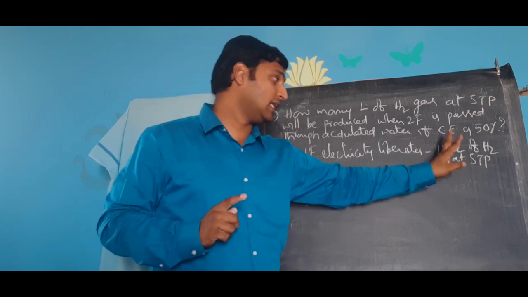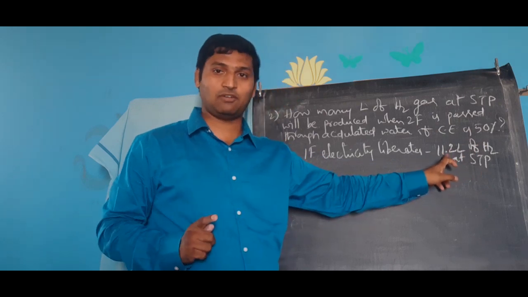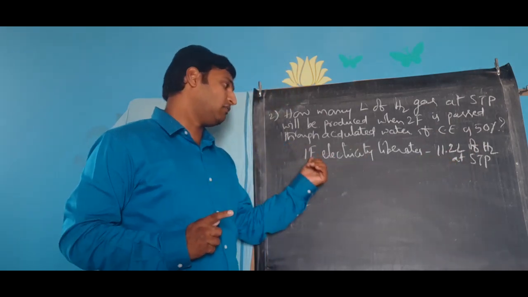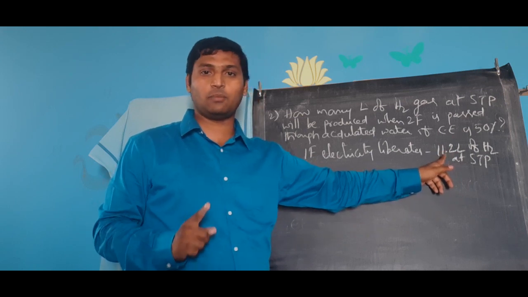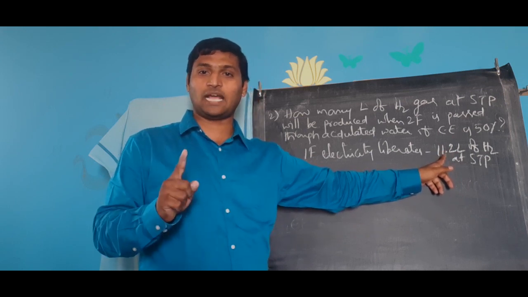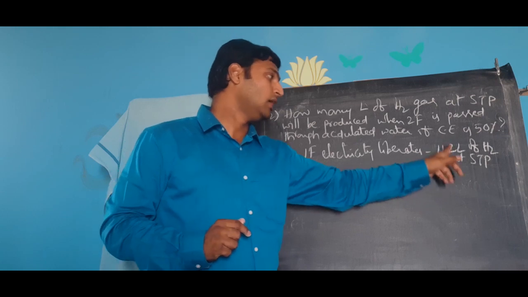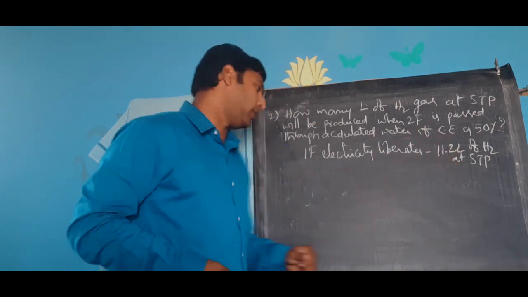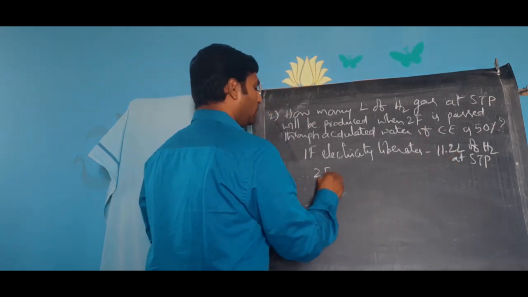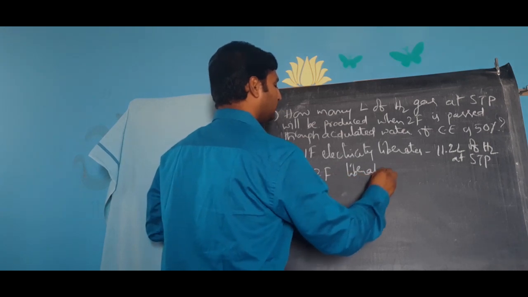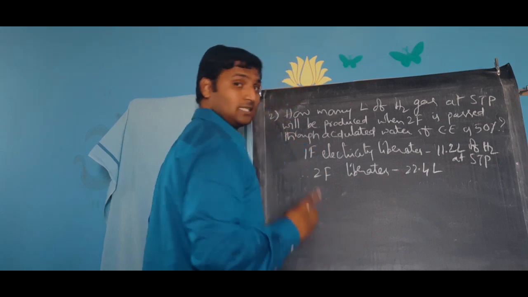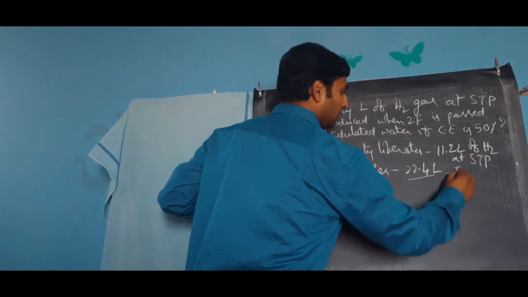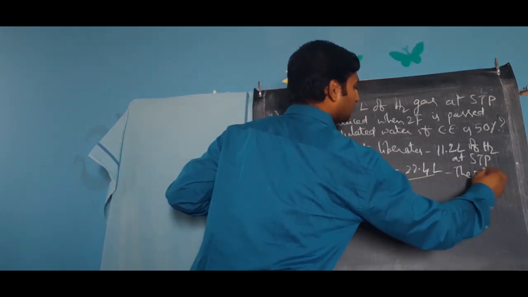Therefore, obviously 1 gram of hydrogen occupies 11.2 liters. And 1 Faraday produces 1 gram, that is the equivalent mass. So 11.2 liters will be the equivalent volume of hydrogen gas at STP. So 1 Faraday liberates 11.2 liters. Therefore, 2 Faraday must liberate 22.4 liters. This is the theoretical yield.